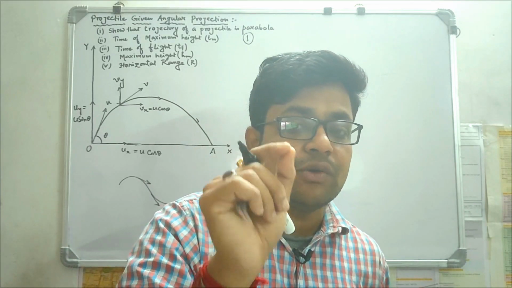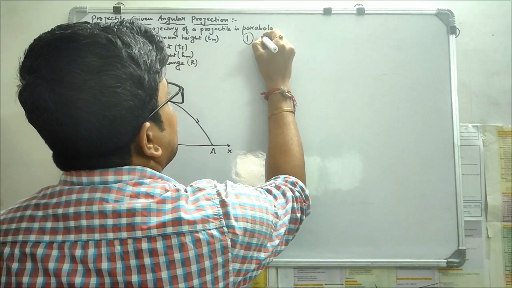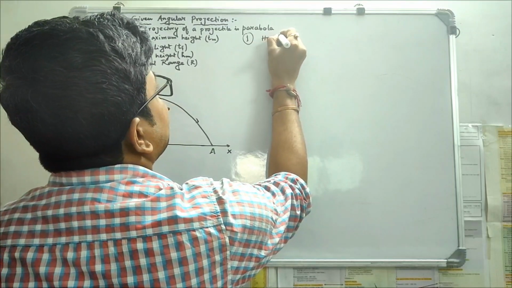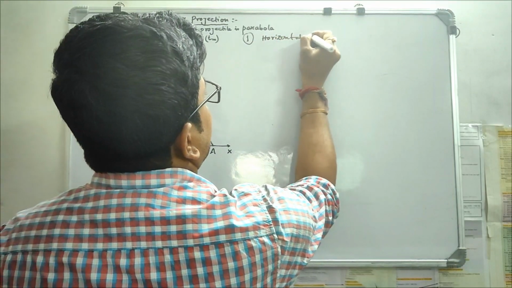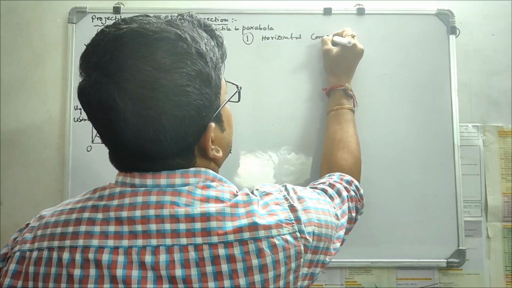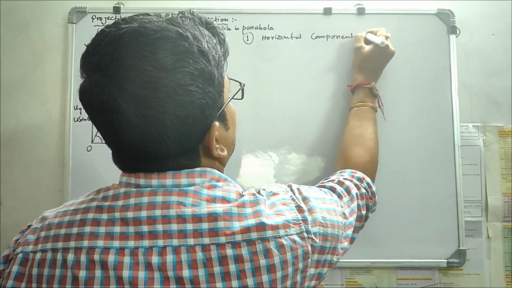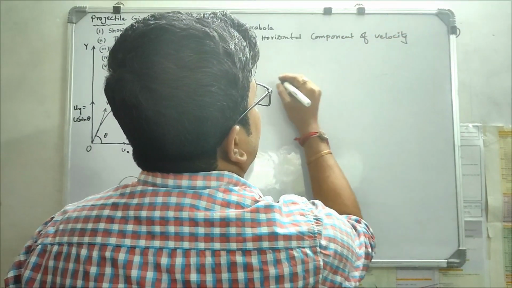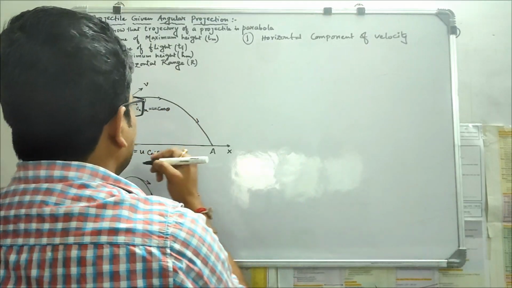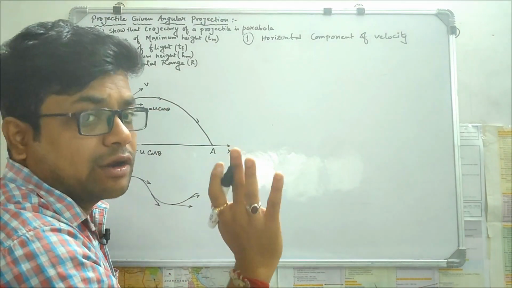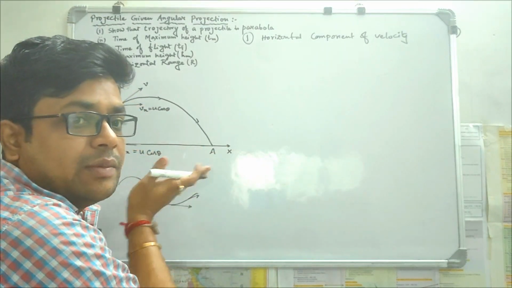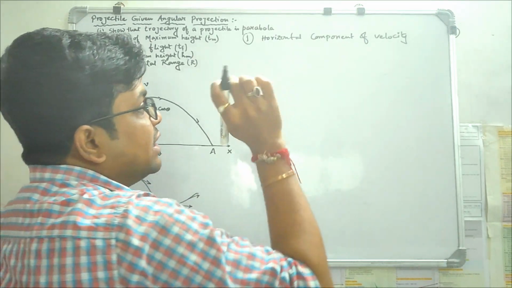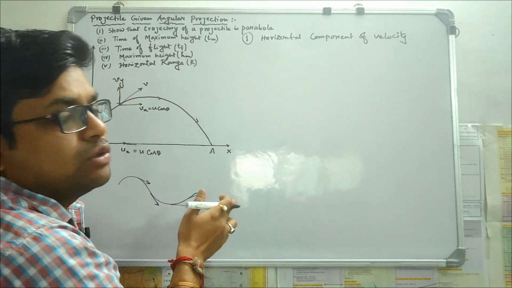This point should be noted. So I am writing, the horizontal component of velocity, you can take vx, ux, whatever, the component along the x-axis, always remains constant throughout the journey.